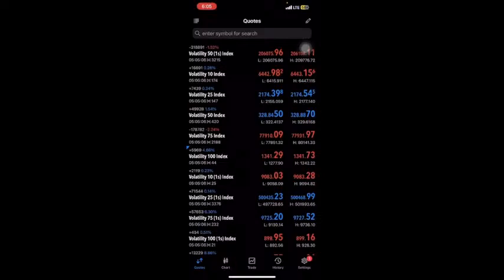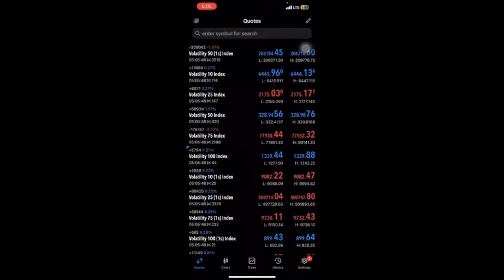They also have forex pairs and metals, but specifically they have some synthetic instruments. They are synthesized. They are meant to mimic the market, but these are just programmed algorithms that mimic the real life market. That is what synthetic indices is about.